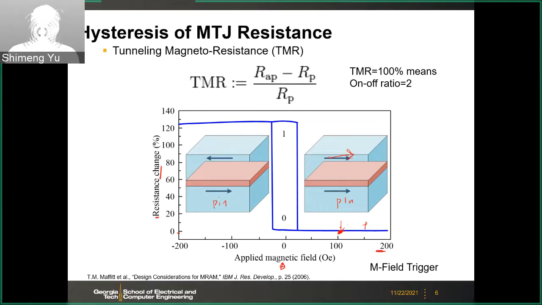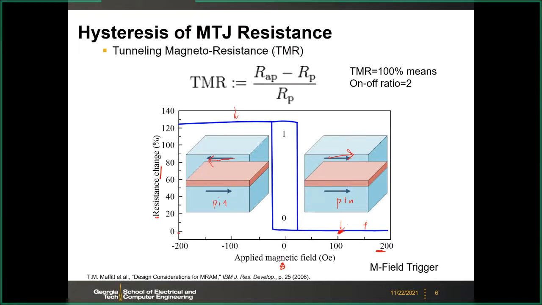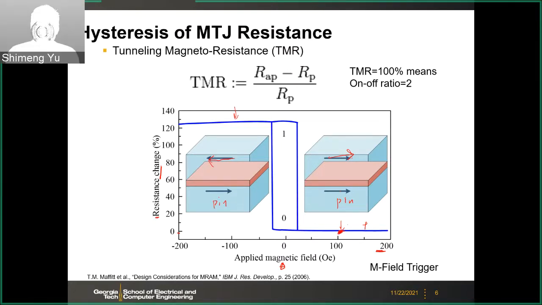Then if you switch the magnetic field to the left on the negative side, then you are going to make them anti-parallel, and then the resistance will change by like 120%.